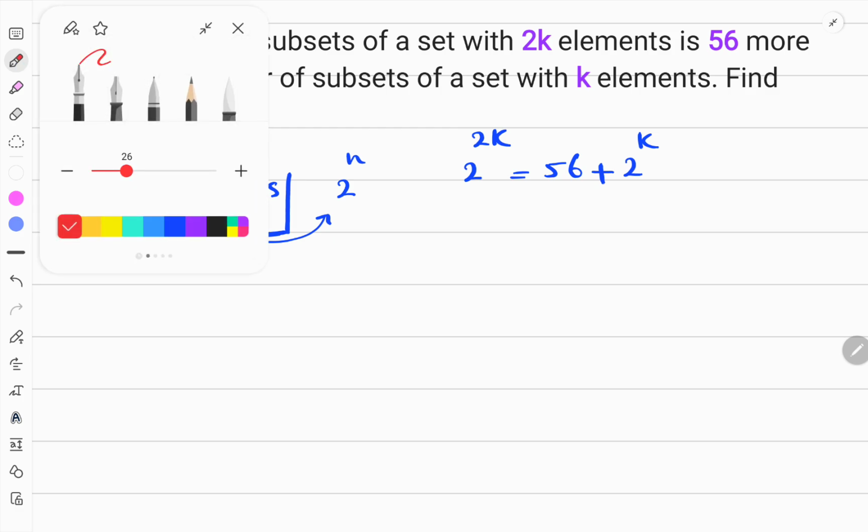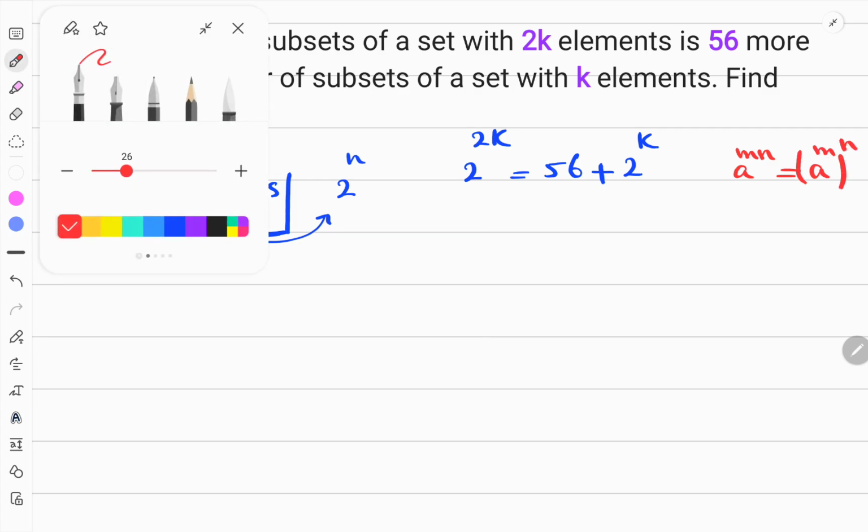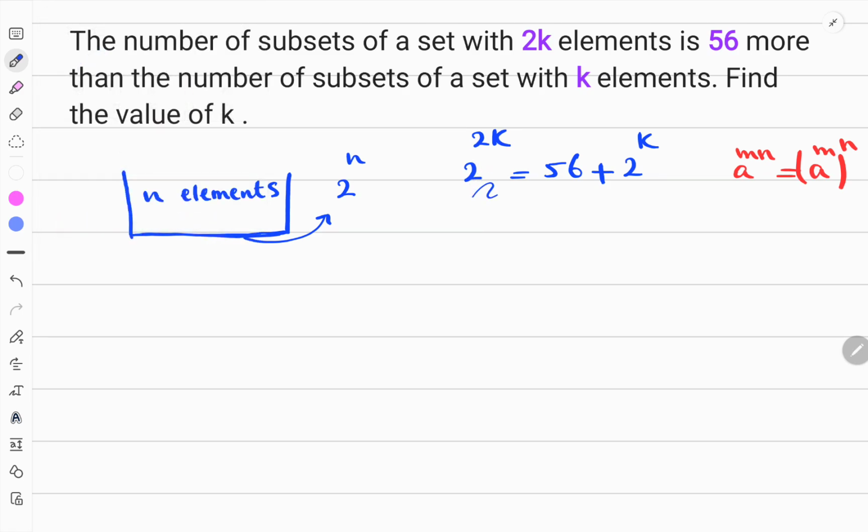We know that when we have a to the power of m times n, we can rewrite this as a to the power of m raised to n. So instead of 2 to the power of 2k, we can write 2 to the power of k squared equals 56 plus 2 to the k.